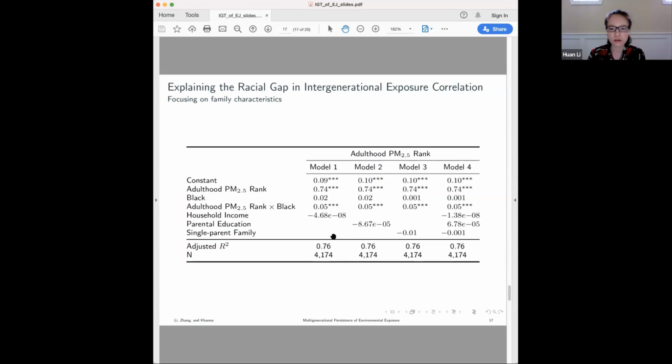And the results show that these three variables don't matter to channel the intergenerational correlation, overall and by race. So this naive regression just tells us that family characteristics might not be the strong reason driving the correlations and the racial gap.